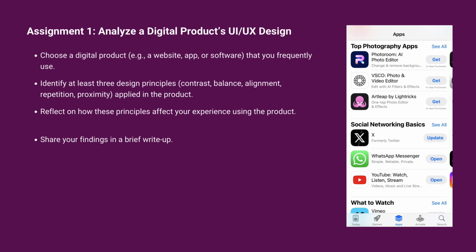Then identify at least 3 design principles, such as contrast, balance, alignment, repetition, or proximity, that are applied to this product, and reflect on how these principles affect your experience using the product. You can share your findings in the comment section.